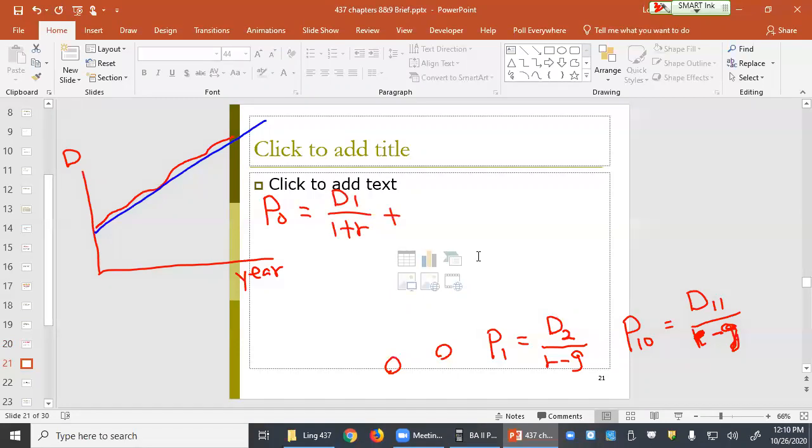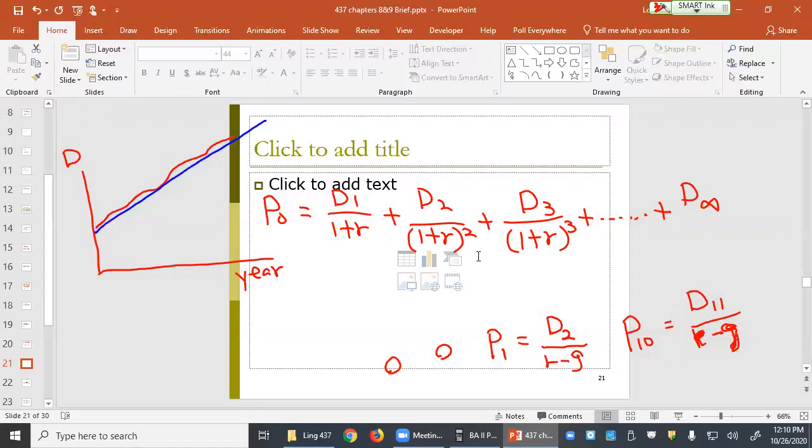Then we add D2 discounted by 2 periods, which means we divide by 1 plus R to the power of 2. We continue with D3 discounted by 1 plus R to the power of 3. And we need to continue this until we reach the dividend paid in the year of infinity, discounted by 1 plus R to the power of infinity. Fundamentally, this is how you calculate the NPV, or net present value.